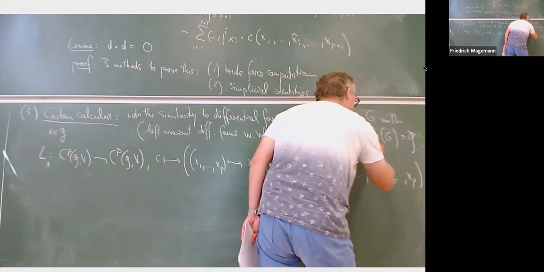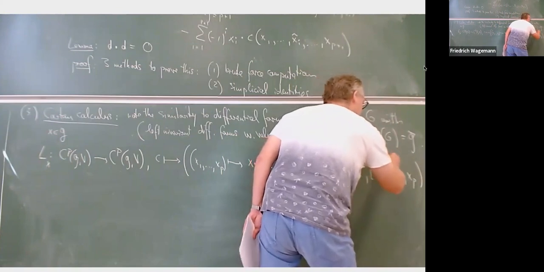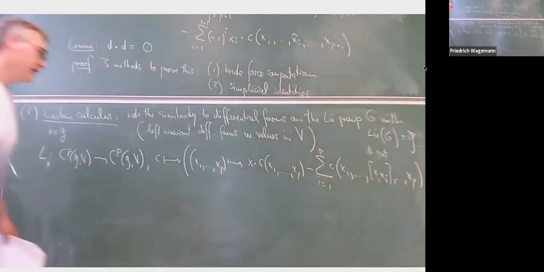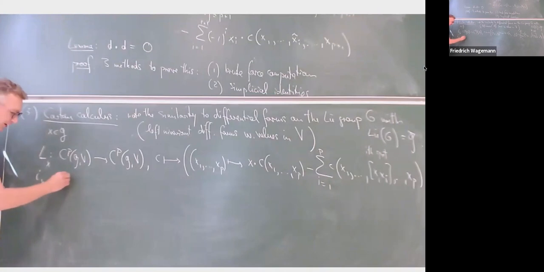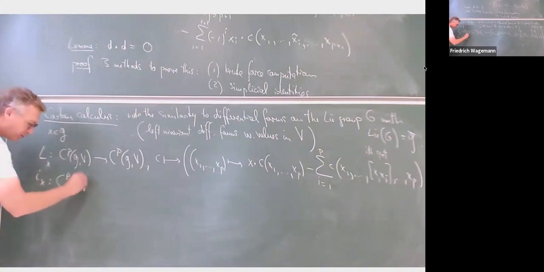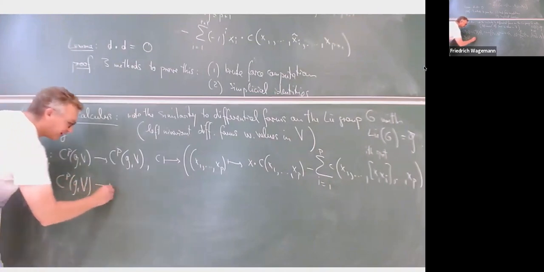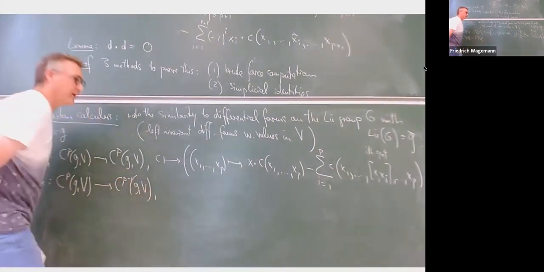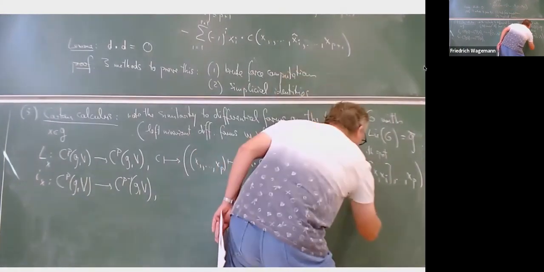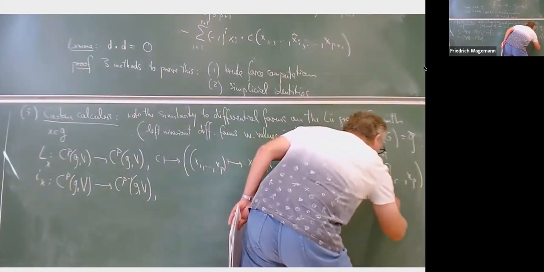Yeah, in the highest spot. So this is the Lie derivative, and you also have an insertion operator, which sends you p-cochains to (p minus 1)-cochains. So this I call the Lie derivative.